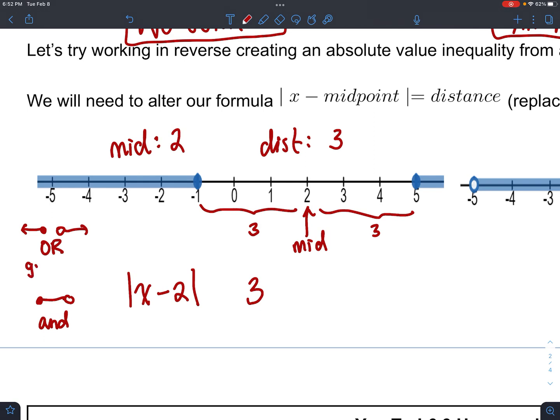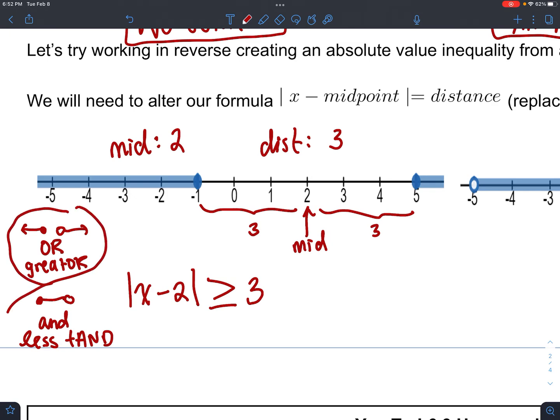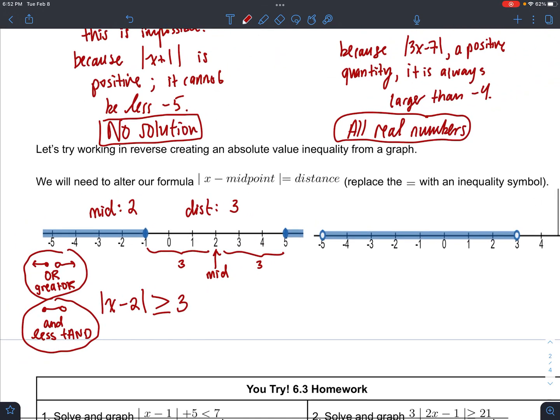So this looks like an or, but an or is a greater. So we're going to use a greater than sign, and I'm going to put a line under it because they're filled in. So this is our less than. So having a good idea of those visuals right here is really key. Make sure you write this down somewhere.